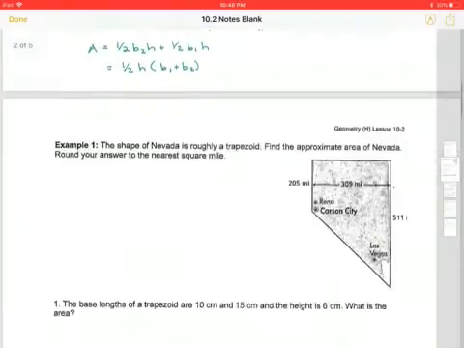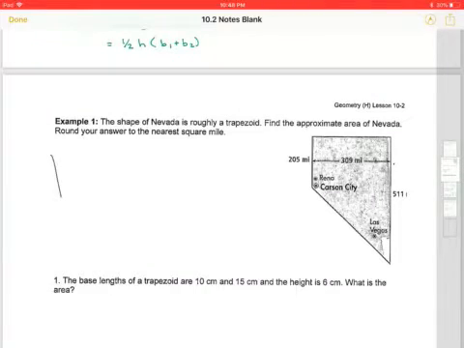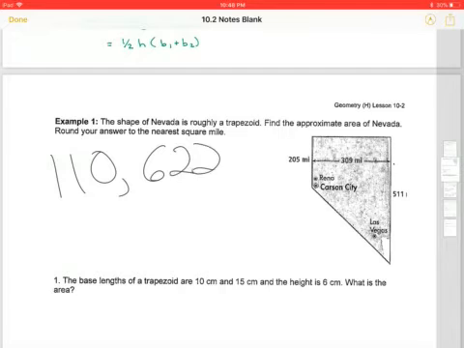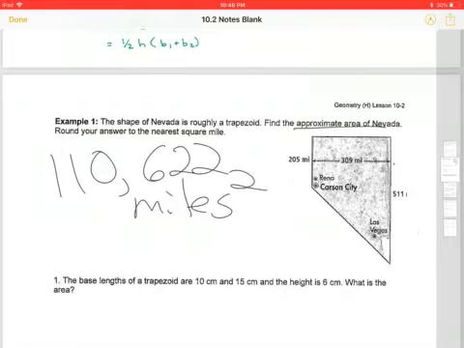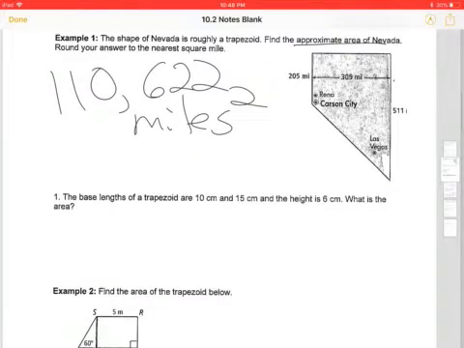Let's take that back for the area. So 110,622. This was miles being squared. Because remember, we're going for the area of this. Pretty simple, right? Just have to draw a little bit more than normal.